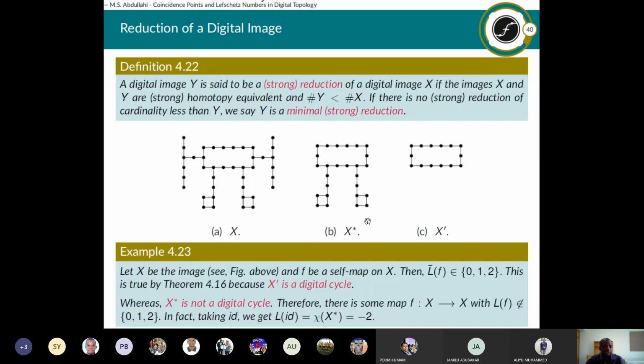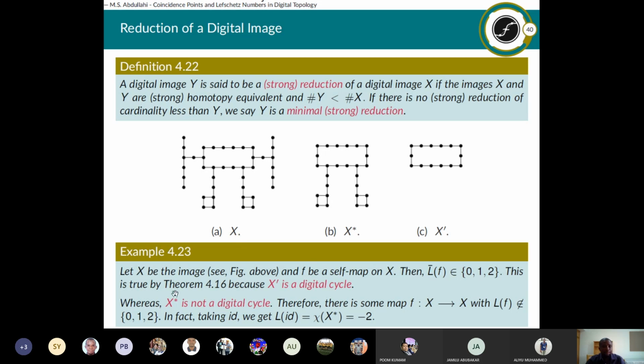You can see that we have this inclusion: the number of elements in the reduction is less than that of the strong reduction.